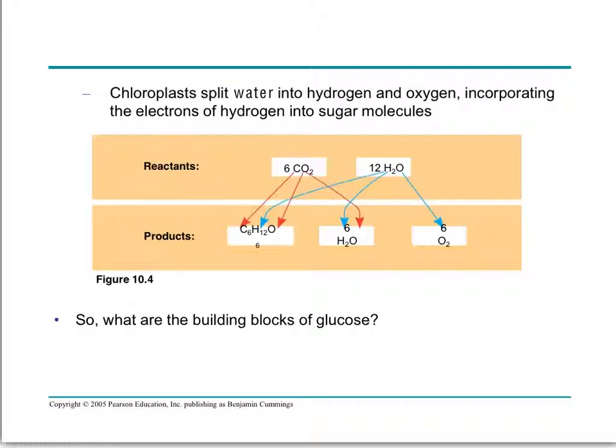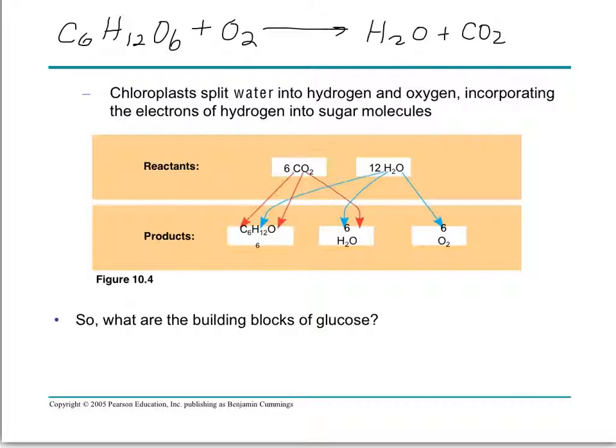So, as you can see on our screen, we have an overall reaction of photosynthesis. Just as a review, cellular respiration is C6H12O6, which is glucose, plus oxygen, which yields water, carbon dioxide, and energy.